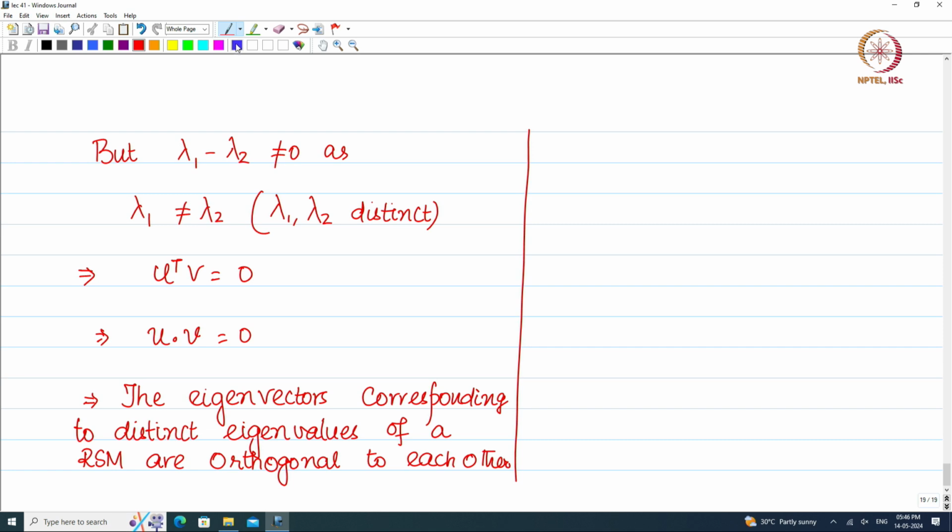Right. Let us take a quick example of one more symmetric matrix and then see what happens. Let us take this example. A is equal to [1 0; 0 0].